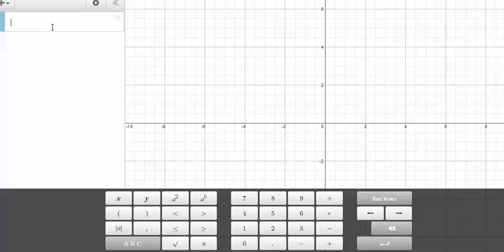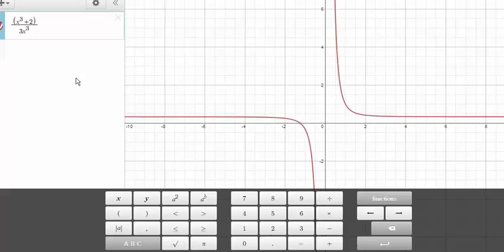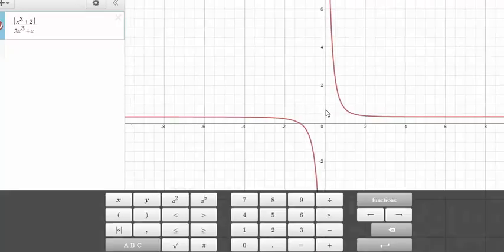But let's go ahead and take that function we were looking at: x to the third plus 2, and we want to divide that by 3x to the third plus x.